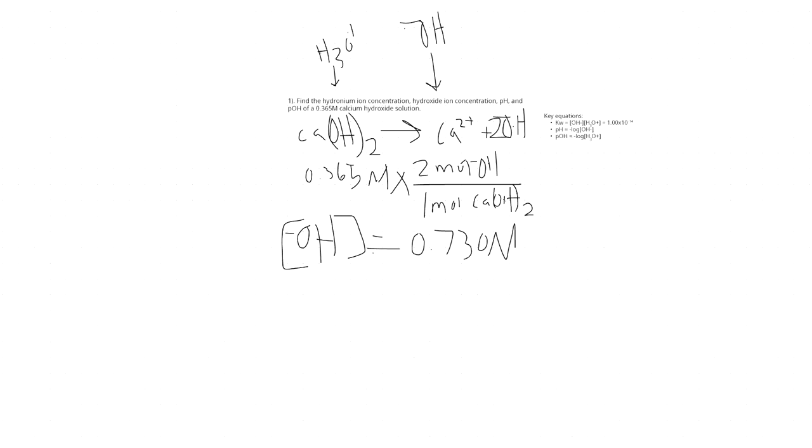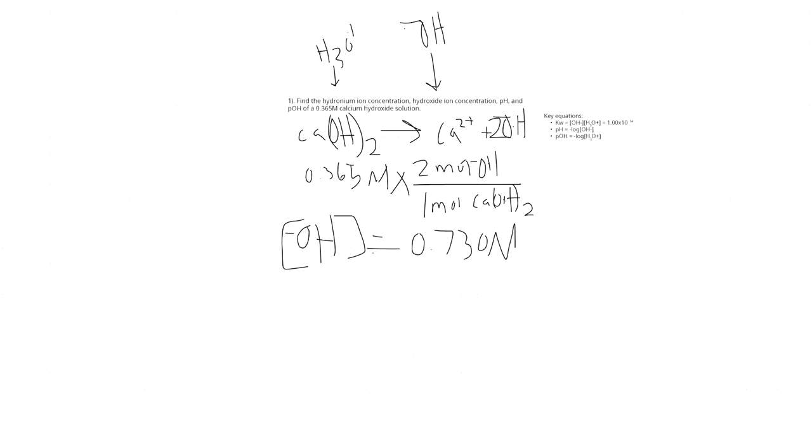If you look at our key equations on the side, we can see the Kw expression. Kw is basically, in pure water, a very, very small amount of it dissociates into hydronium ion and hydroxide ions, and that small amount is 1.00 times 10 to the negative 14. But we can actually use this for strong acids and strong bases to find the hydronium ion concentration. So how are we going to do that?